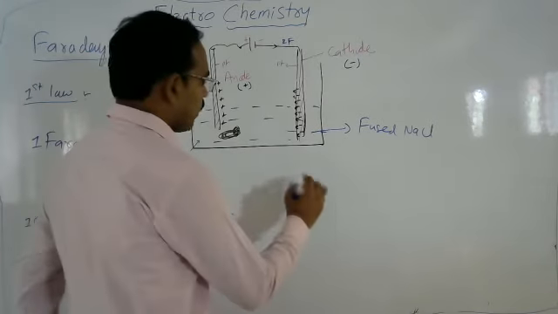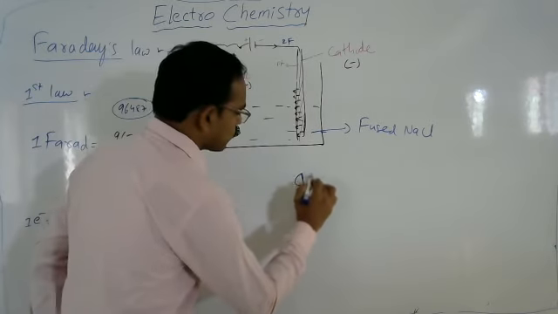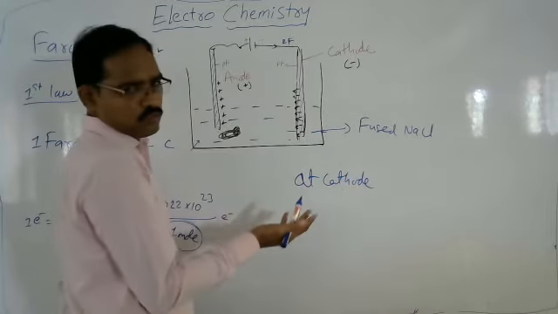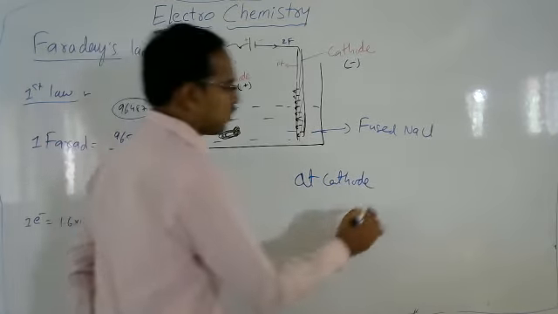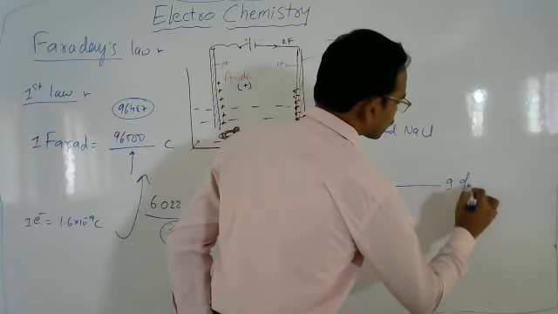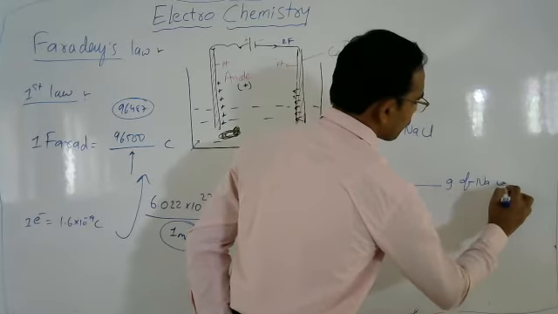Now you tell me, at the cathode the cation will get deposited. What is that? Sodium. At the cathode, dash grams of sodium will deposit.